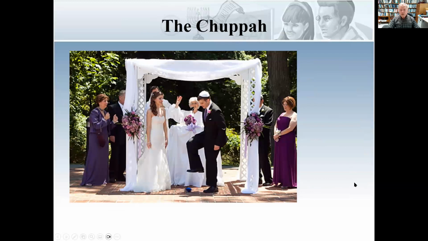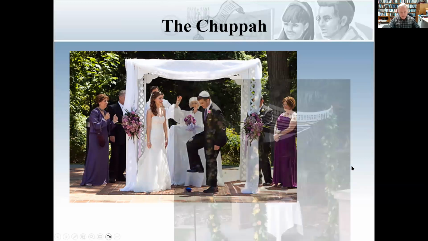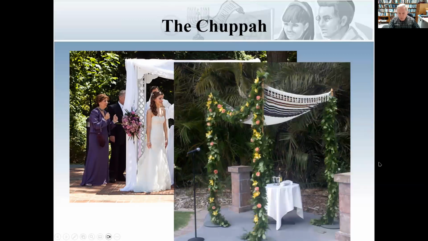Sometimes you will see parents at either side of the chuppah, and a rabbi and a cantor perhaps officiating at the ceremony. This is actually the chuppah that I own. It's very simple. This one's been decorated with lots of flowers, and here is a very large talit or prayer shawl that covers the chuppah.